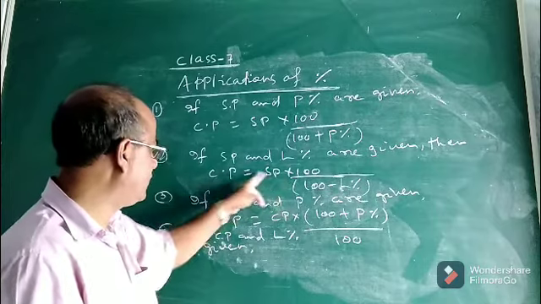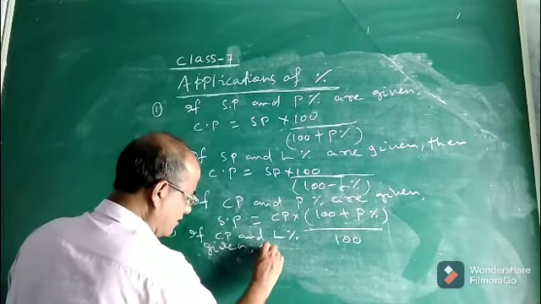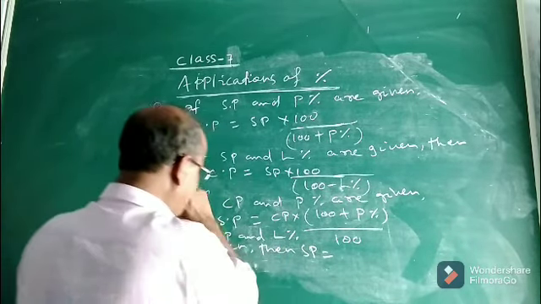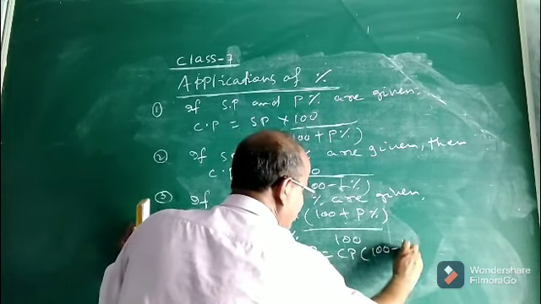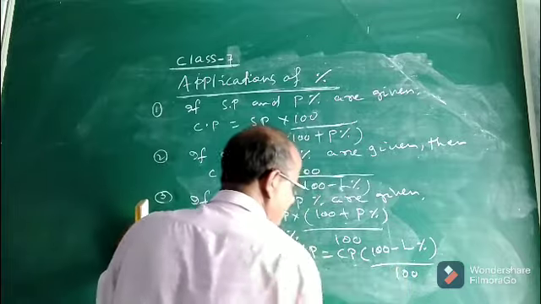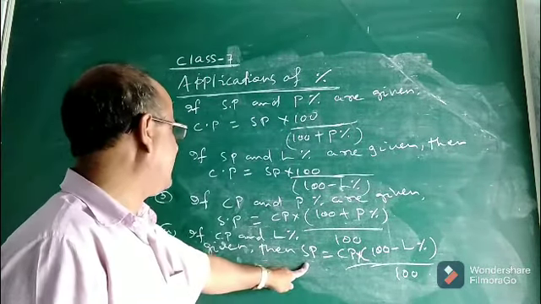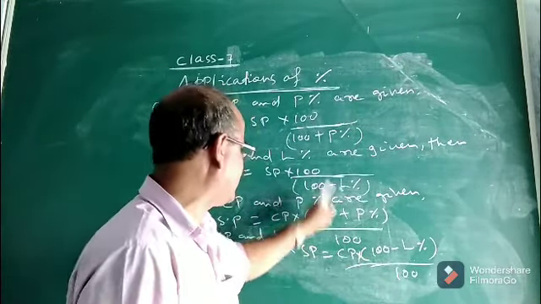Same thing. SP will be equal to CP into this by 100. That means your SP will be equal to CP into 100 minus loss percent divided by 100. This is the formula. So selling price will be equal to cost price into 100 minus loss percent divided by 100.